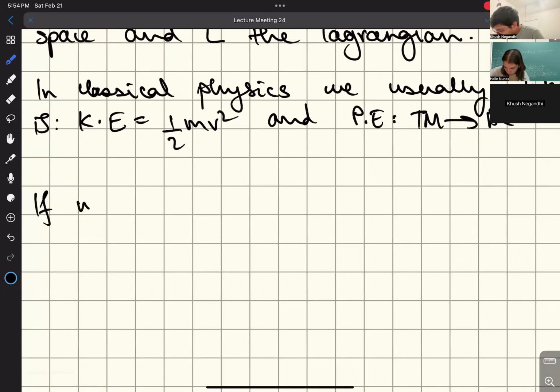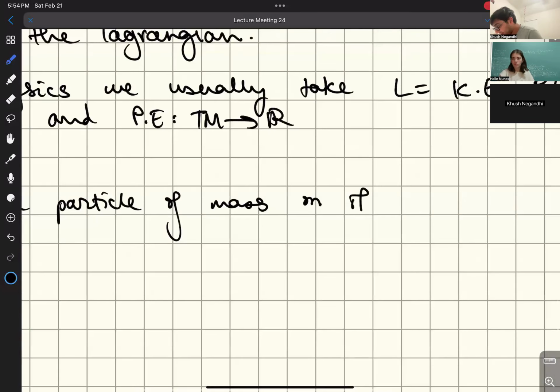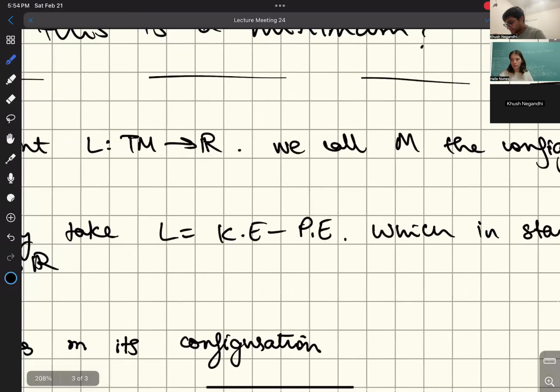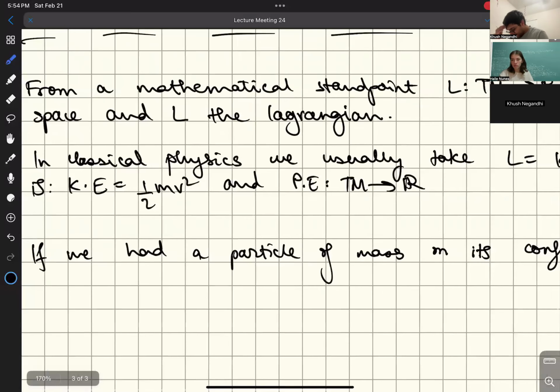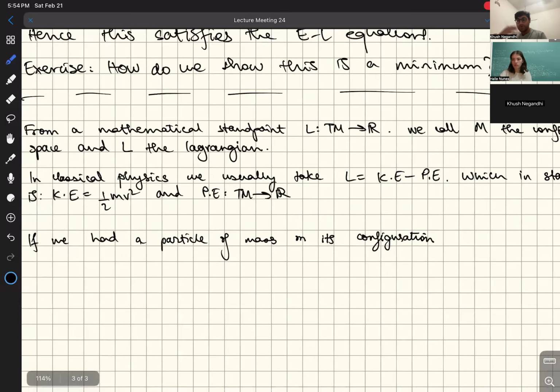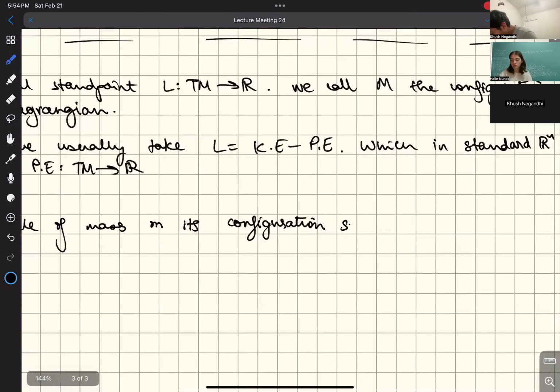So if we had a particle of mass m, its kinetic energy, say its configuration space, M has to come equipped, in the situations we'll be dealing with, with a Riemannian metric that'll tell us information about the mass, the curvature of the path it'll take, etc. So let's talk about Rn for now.